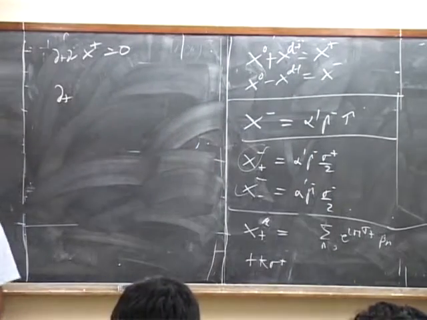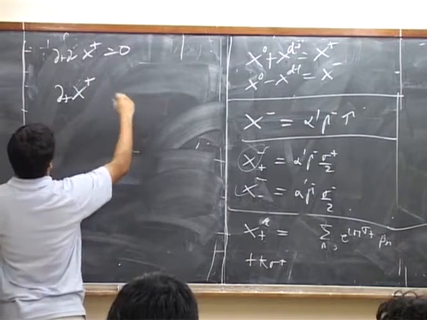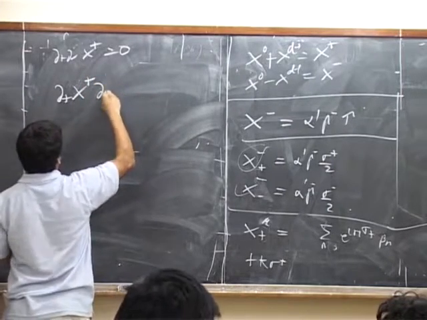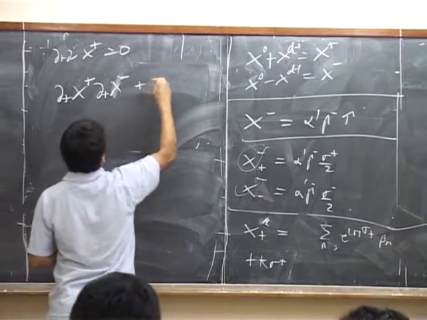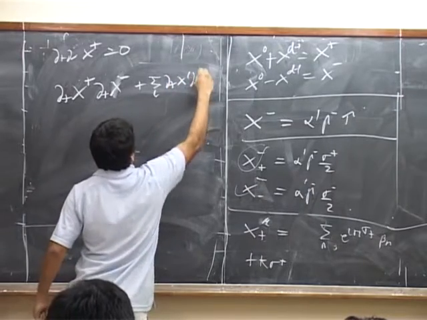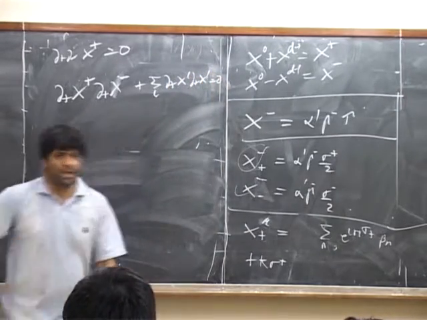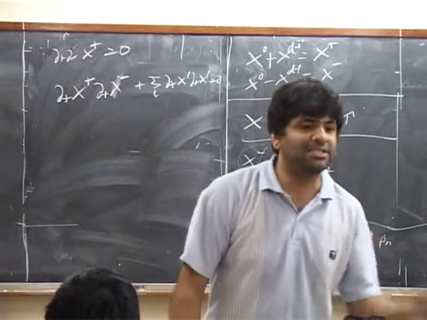Okay, why is that? See, what do the constraints look like? The constraints look like del plus x plus del plus x minus plus the sum over i of del plus of xi del plus of xi, where i runs over all the remaining d minus 2 coordinates, the coordinates that are not plus or minus.